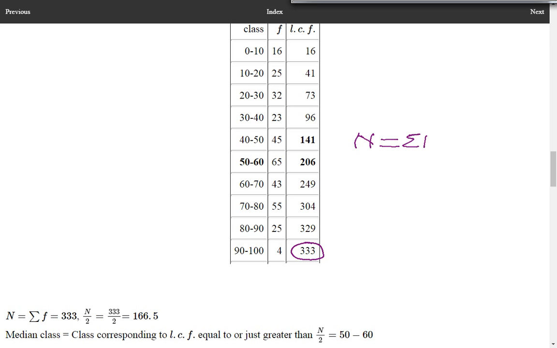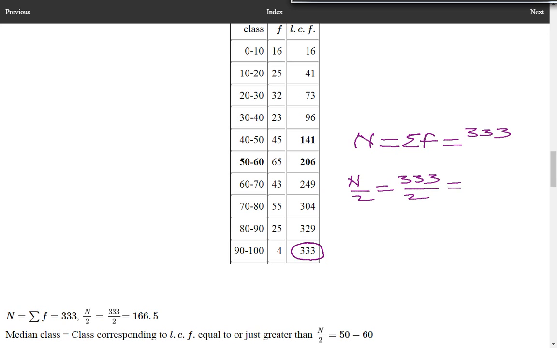We can easily verify this. We have just done additions, but in a step by step manner. So the sum of all frequencies is nothing but the last entry, which is 333.